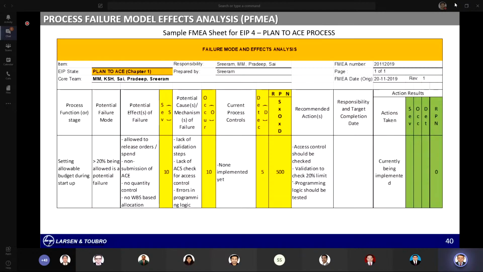As we get into these full process maps, it is very important to map the failure modes, at least for a part of the process where you think the failure is likely to happen. It could be a functional failure, or it could be a business failure, whatever be the kind of failure that we are looking at. We could assess those using these tools.